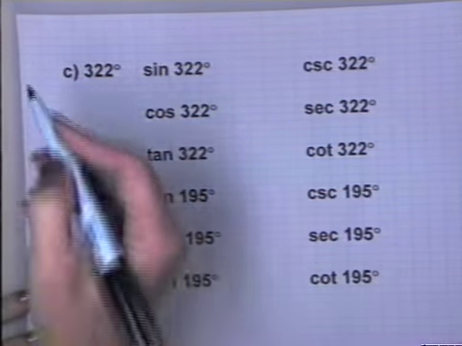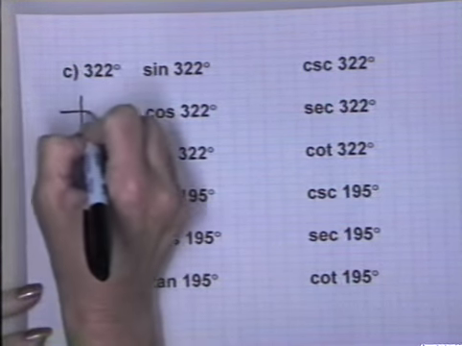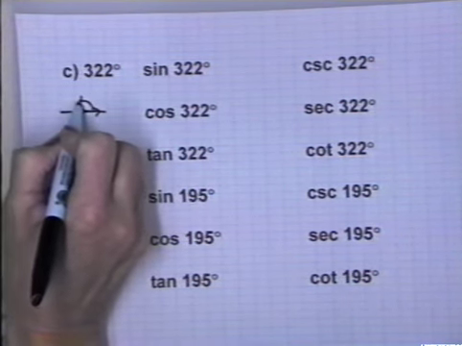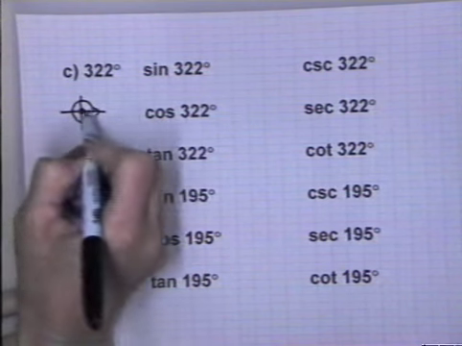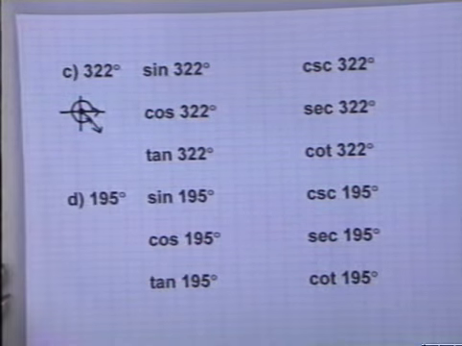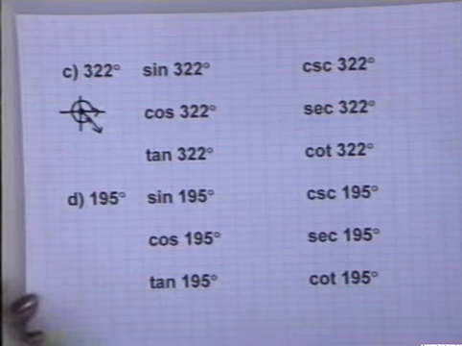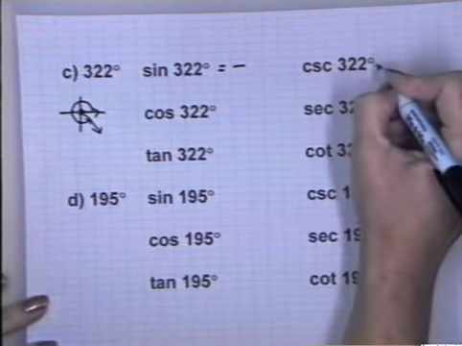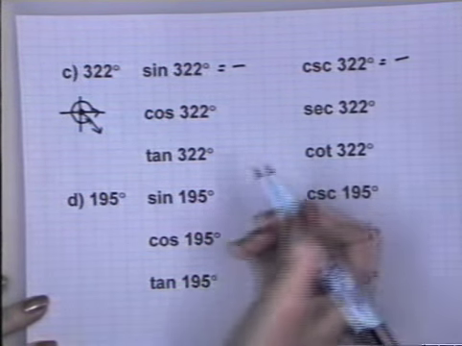For 322 degrees, where's the terminal side? 90, 180, 270. It would be somewhere in the fourth quadrant, right? So in the fourth quadrant, the sine function is negative, as is the cosecant function.